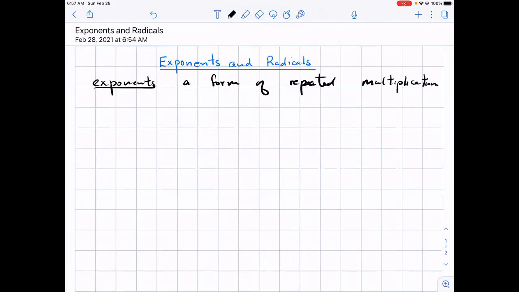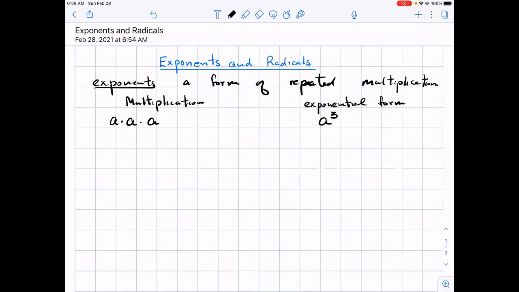And the reason I say that is because if I have a times a times a, this is some sort of multiplication. In exponential form, the base is a and it's repeated 3 times, so the exponent is 3.